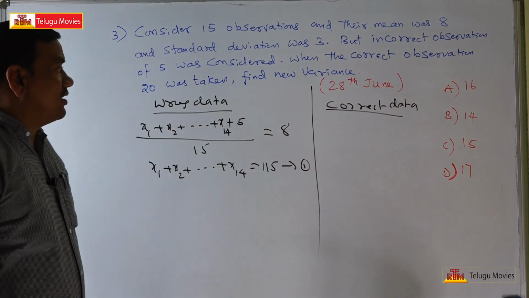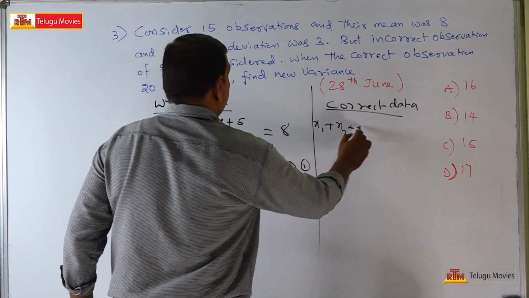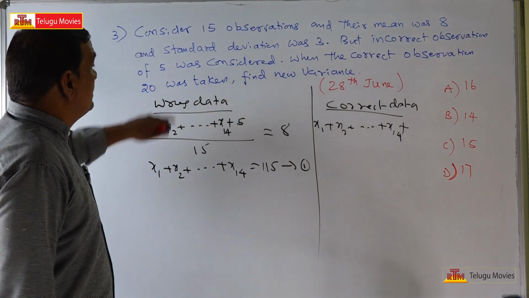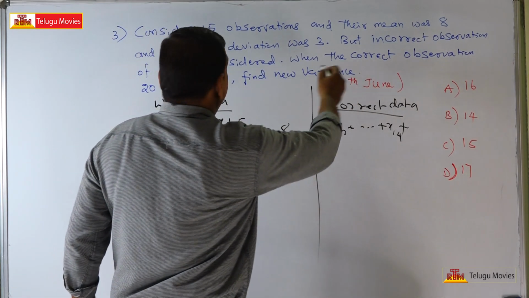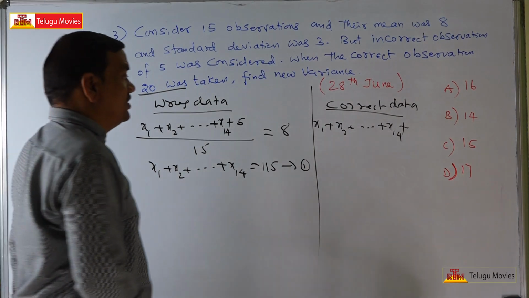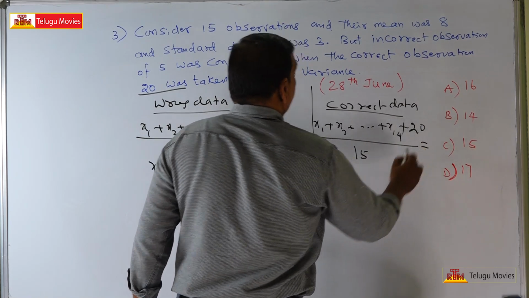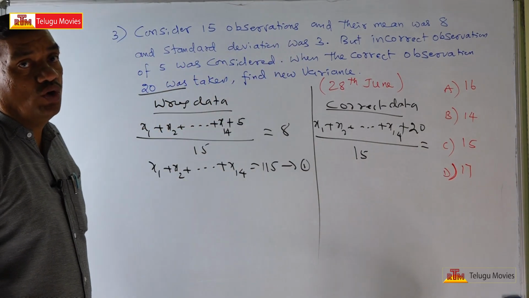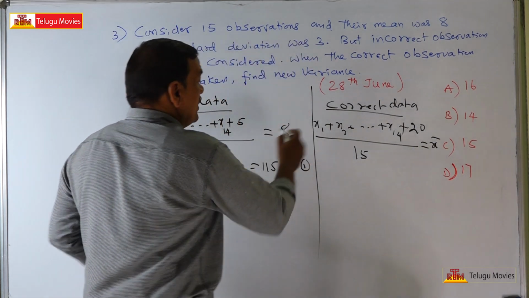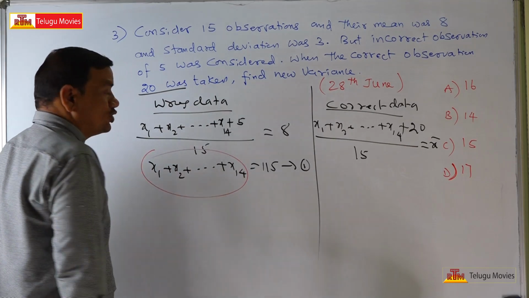Move to the correct data. So what is the correct data? Here also we have the sum of the observations, and the correct observation, it is given here, is 20. When the correct observation 20 was considered, the number of observations is the same, 15. Then what is the mean? We don't know the mean. Now we will find out the mean x bar. Up to here, x1 plus x2 plus up to x14 is how much?